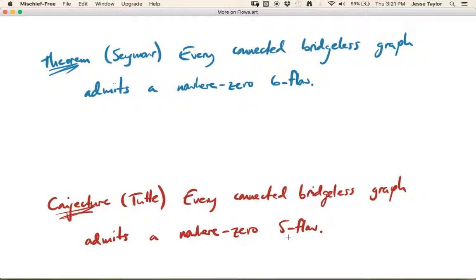But no one's been able to find a graph for which 5 doesn't work. So a lot of people think that 5 is the answer, but we haven't proved it yet. But we do know that 6 will always work. So in the last video, I'm going to give you another construction to explicitly create a flow on a graph when it's planar.